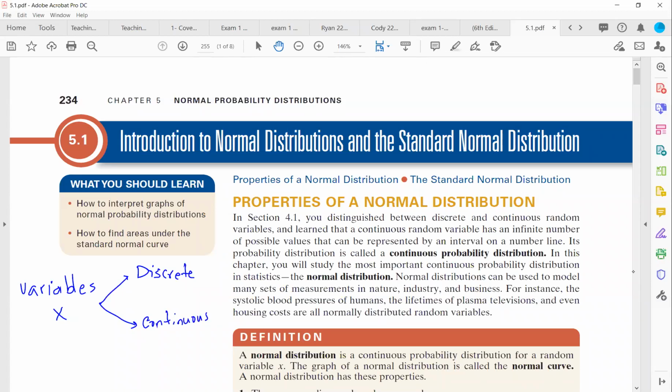So we talked about discrete variable in chapter 4. Today we're going to talk about continuous variable and understand the behavior of the graph of a continuous variable.